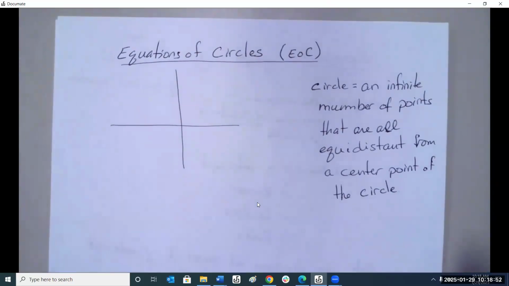It's an infinite number of points that are all equidistant.